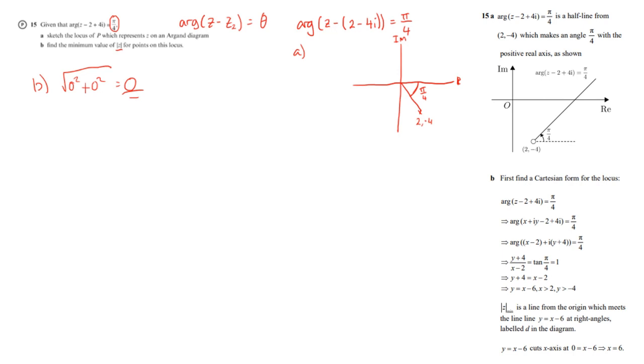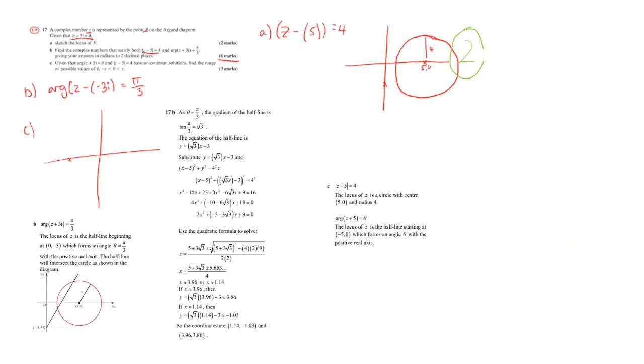So the actual line, you can see it started at 4 minus 2, but it comes across and touches the real axis, which means that the arg will be a quarter pi. And then the Cartesian one was working off of that and then just subbing in x plus iy.